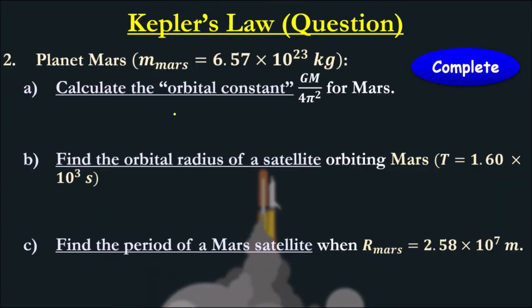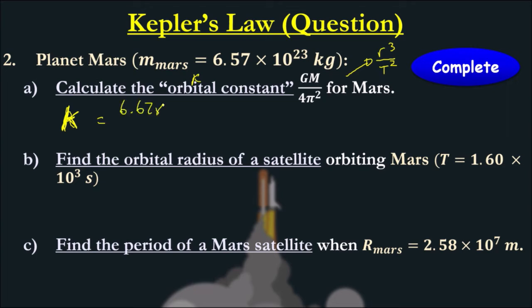Okay, now we can move on and we can look at applying Kepler's law on Mars. So what we want to find is the orbital constant for Mars. So essentially the orbital constant is r cubed over T squared. Okay, so let's just call our constant k, give it a notation like that.